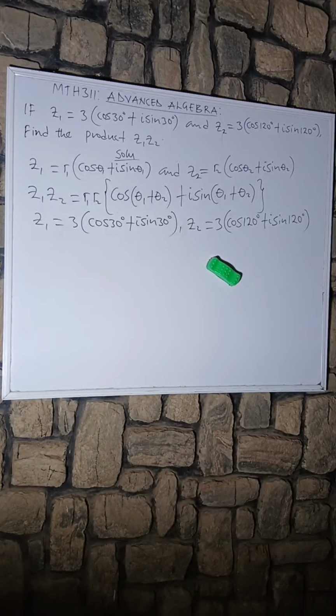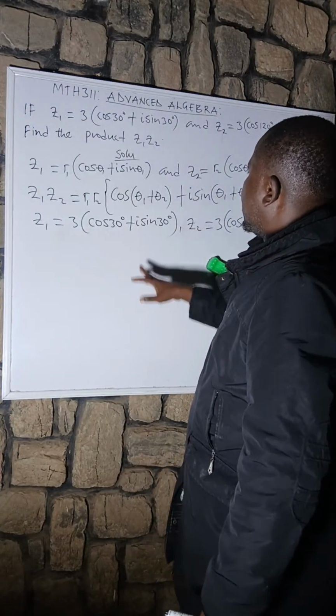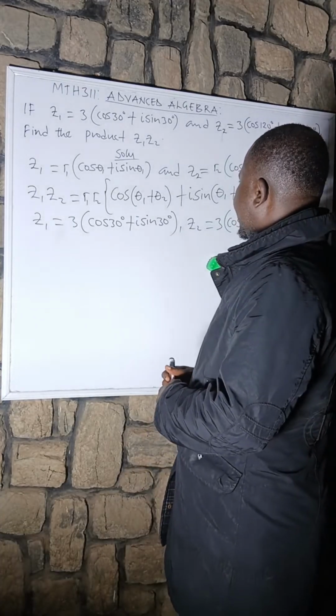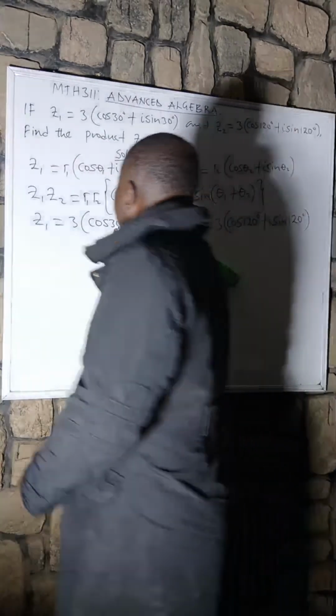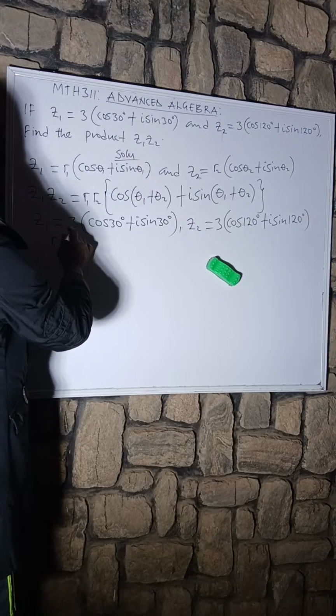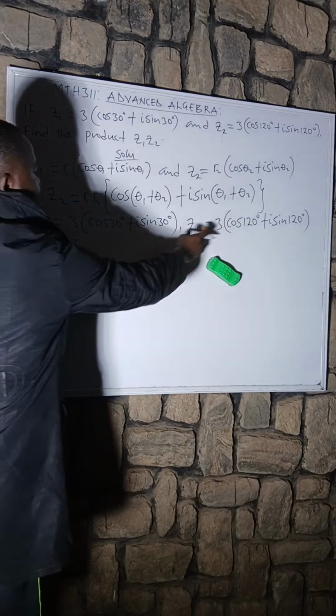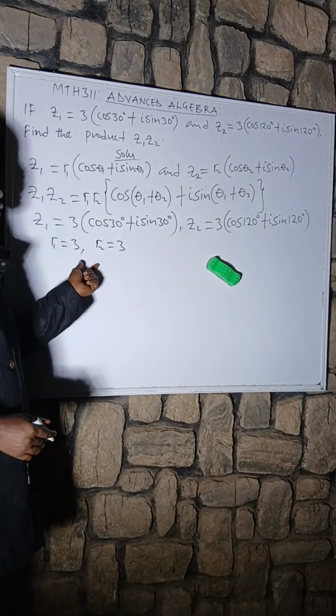So let's look at it together. Here, our R1 equals 3, then R2 equals 3. Can you see now?